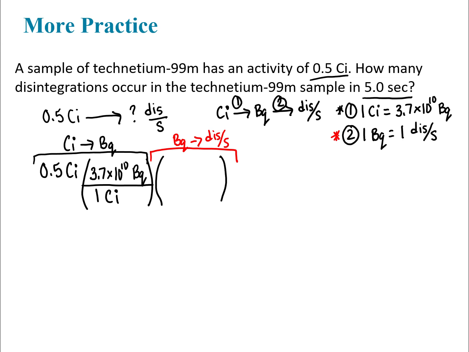And this is our equality for number 2. What's my conversion factor?